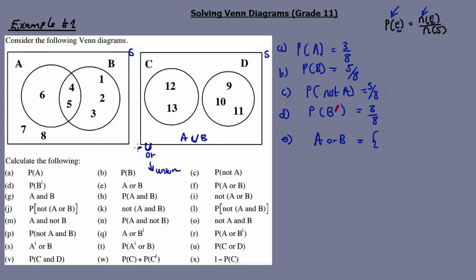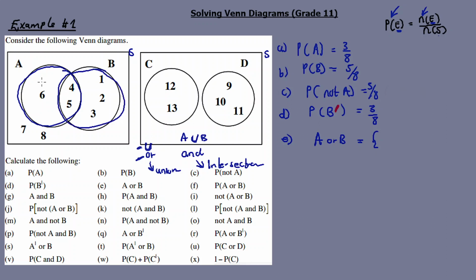It's either you use this symbol U or you use OR. And then there's another one that goes with it, AND. AND stands for intersection.